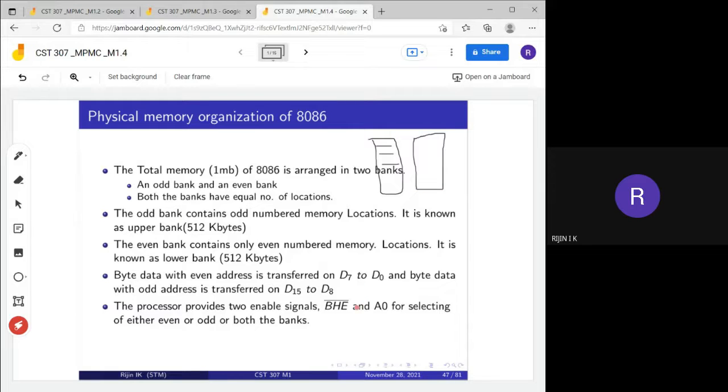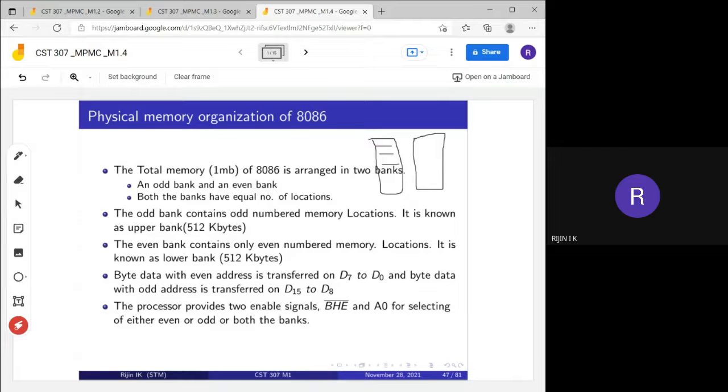So for accessing the even or odd memory location, it will use these two signals, BHE and A0, that we already studied. A0 is the first line in the address lines, as we have studied that there are 20 address lines.